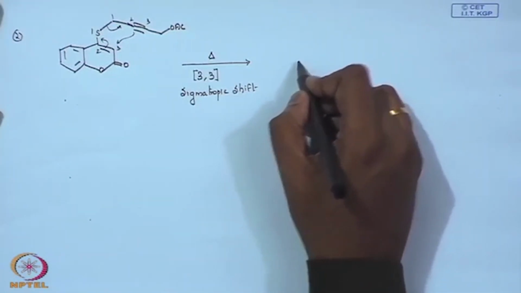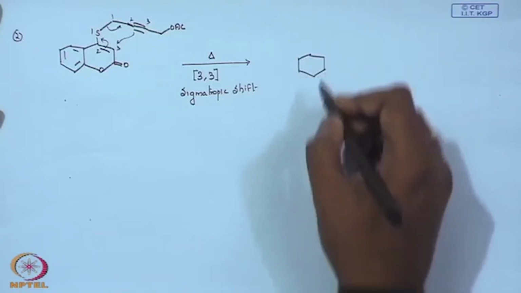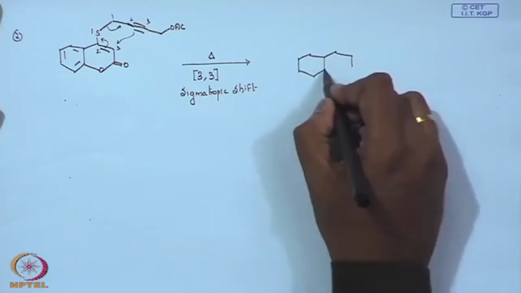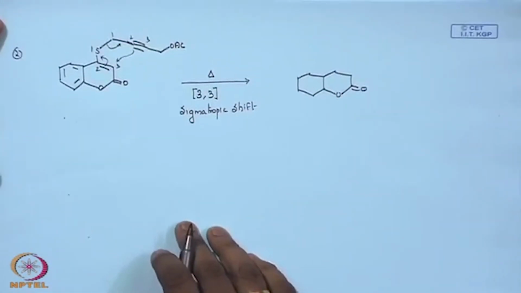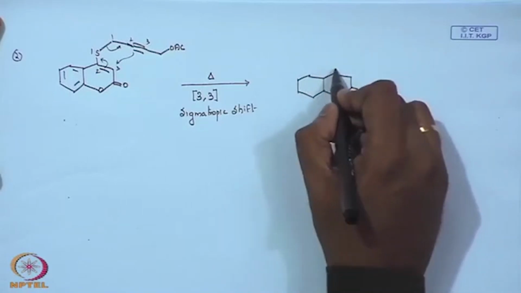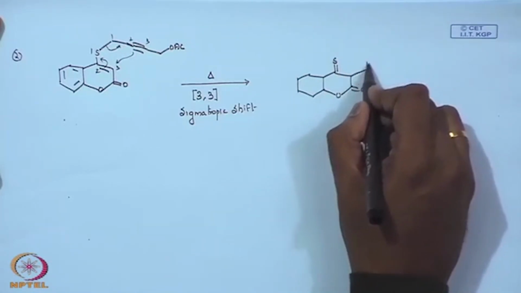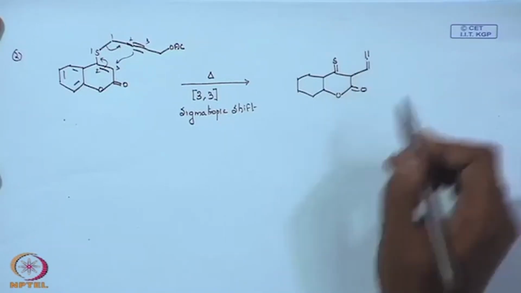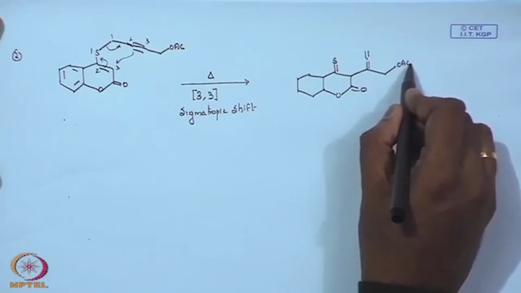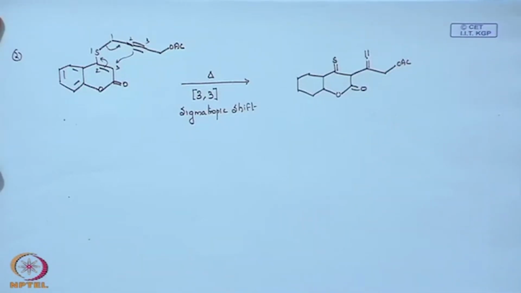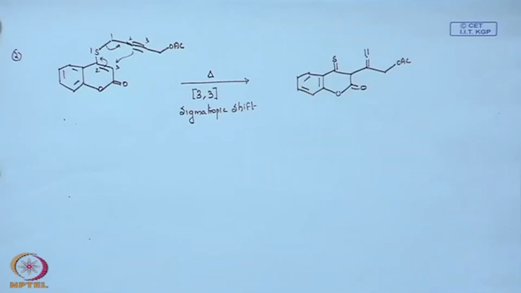So that gives me a product like double bond, CH2OH and you have here aromatic.